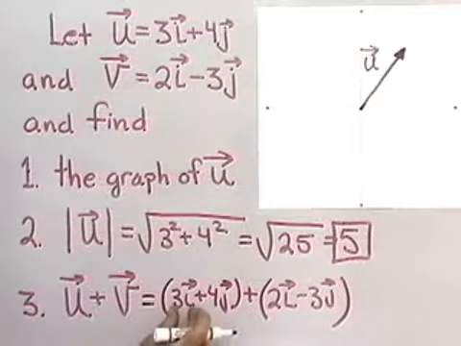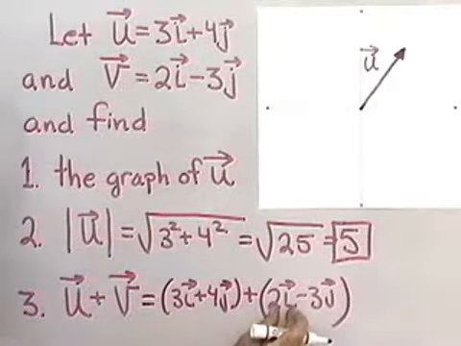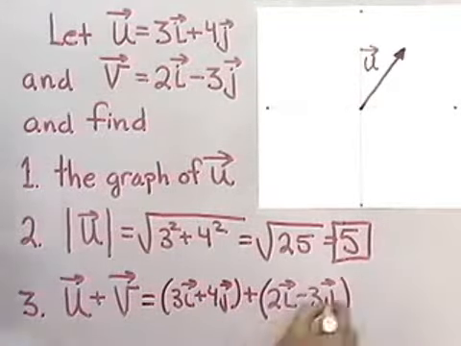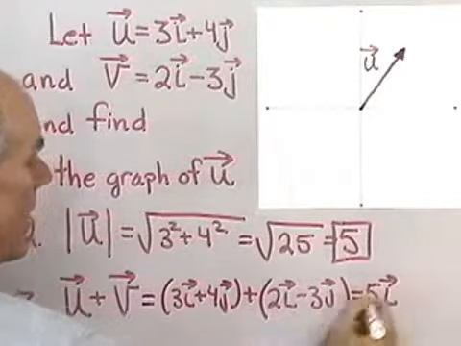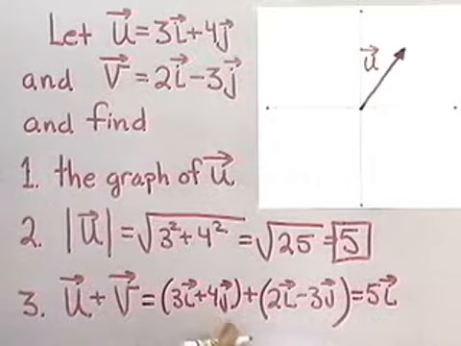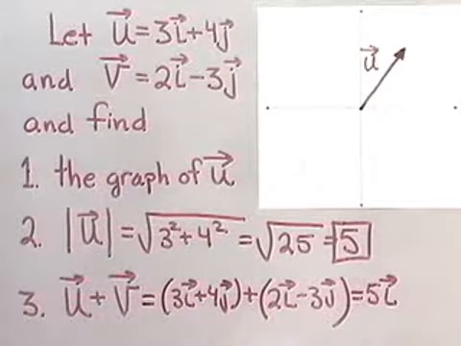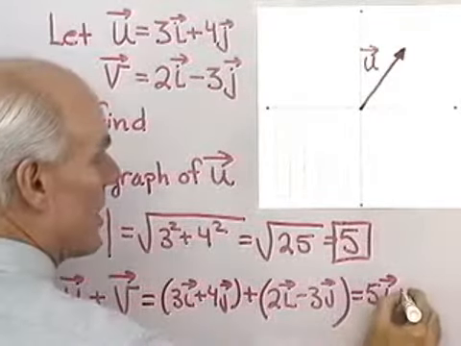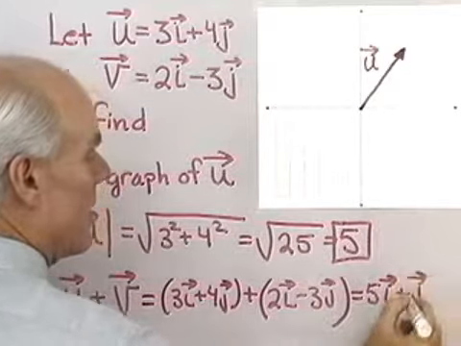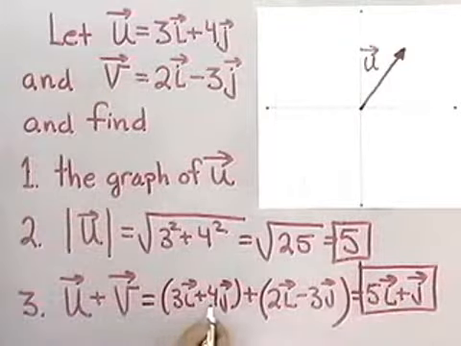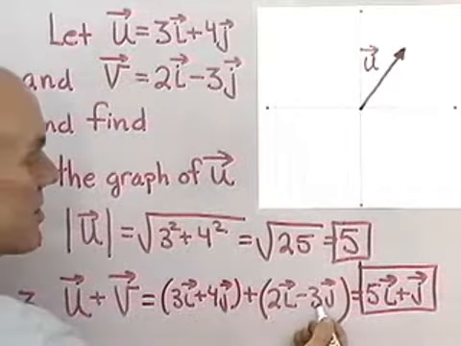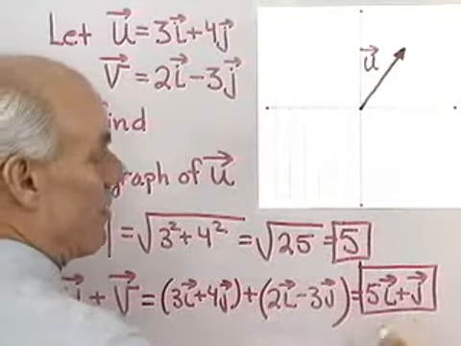In any case, I'm going to have 3i plus 2i, which is 5i. And then 4j plus negative 3j, which is 1j. So plus j. So the sum of the vectors u and v, 3i plus 4j plus 2i minus 3j, comes out to be 5i plus j.